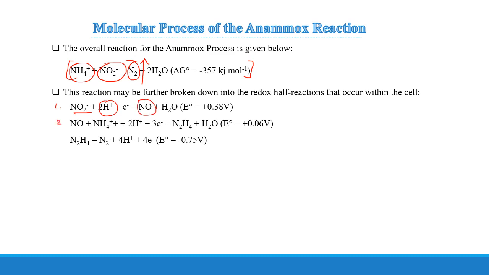Then this nitric oxide with ammonium is converted into hydrazine. After that, in the third step, the hydrazine is converted into nitrogen gas. So in these three different stages, there are three different enzymes which play an important role in the conversion of nitrite and ammonium into nitrogen, which we will see in the next slide.